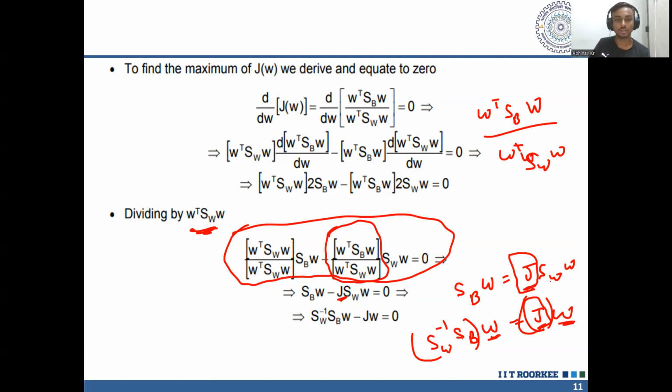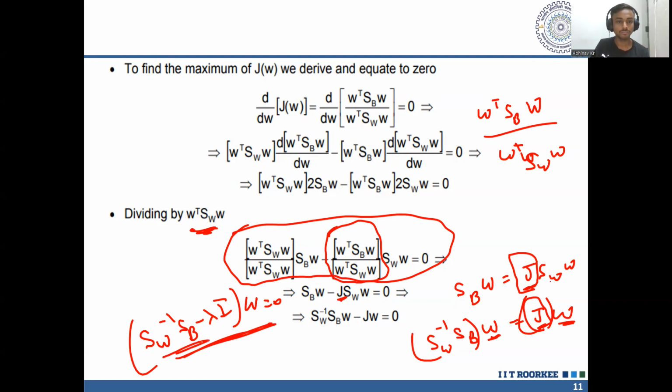So that's why, in this process, we find J by maximizing this. We know how to find the maximum eigenvalue: we solve the equation (SW inverse SB minus lambda I) times W equals 0. By solving this equation, we find the maximum value of lambda.